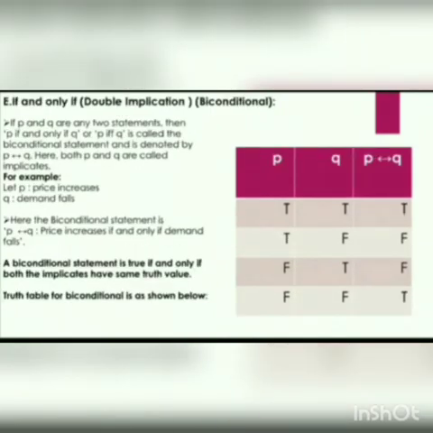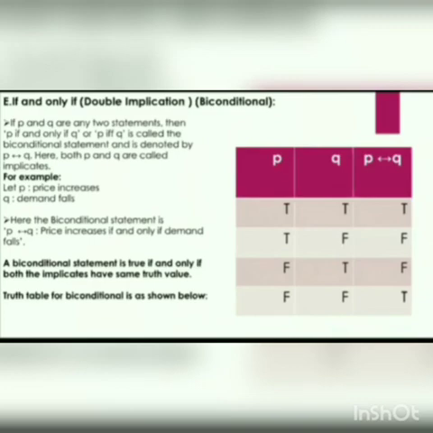Let us take a look at the fifth logical connective, if and only if, which is also known as double implication or biconditional. If P and Q are any two statements, then P if and only if Q is called the biconditional statement and is denoted by the given symbol. Here, both P and Q are called implicates.